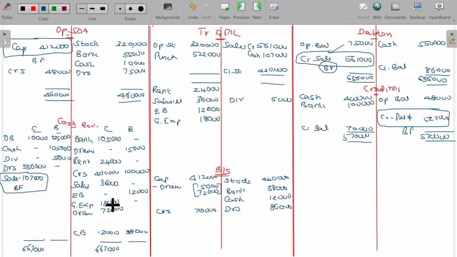What happens in case of the bank column? It's tallying, no problem here. So 1,65,000 gets agreed. Yes, now try to solve the trading account. By tallying the trading account, the total being 11 lakhs 8,000, your GP in this case being 2,66,000.